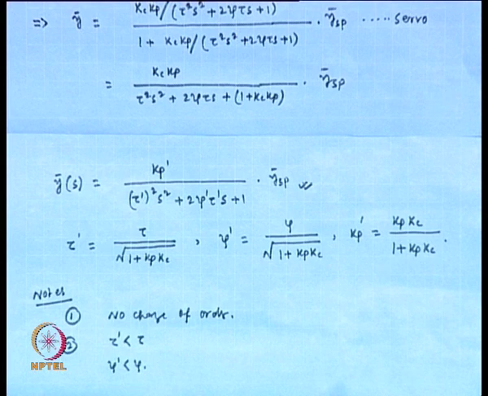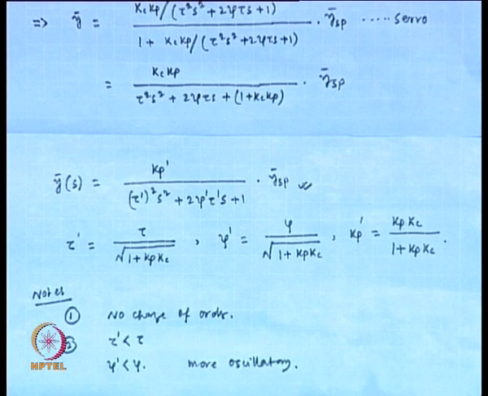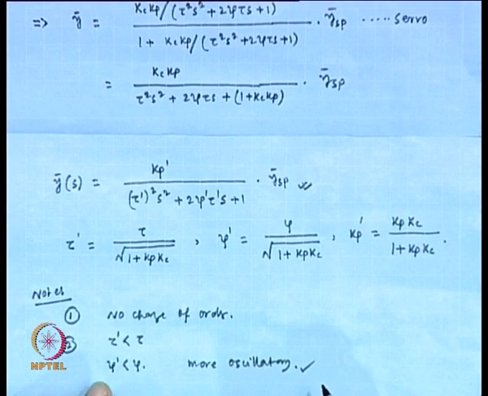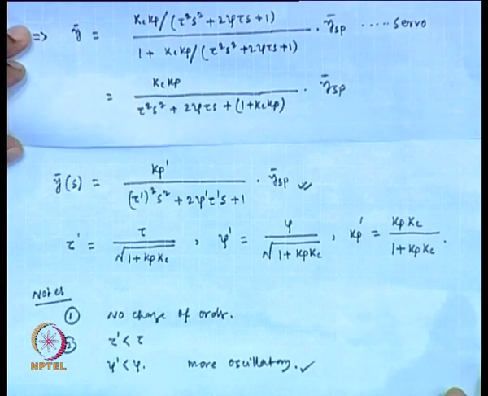It means the overall response under P only control becomes more oscillatory because the damping factor is decreased. In the last class, we discussed up to this.